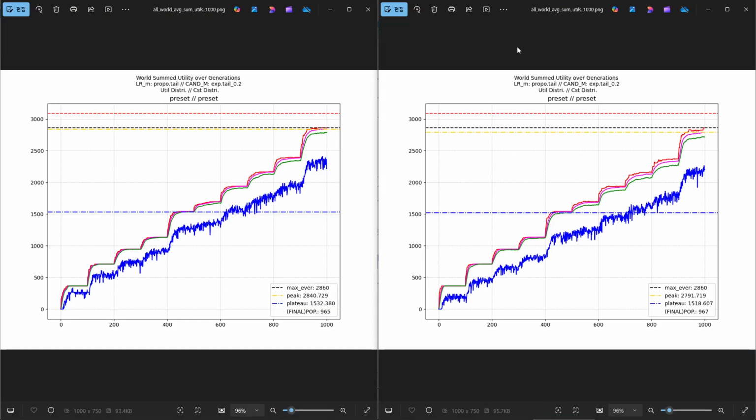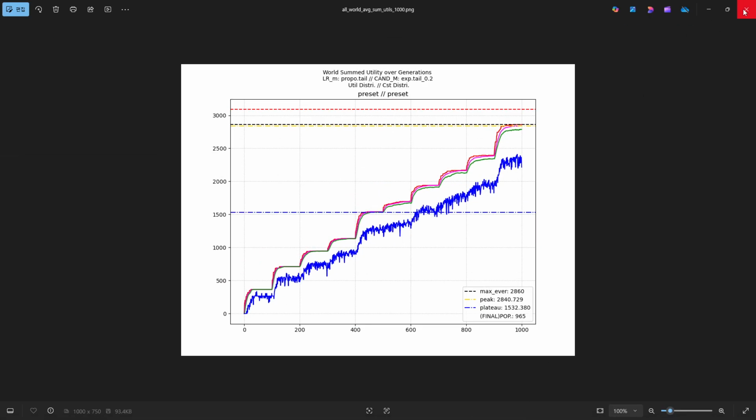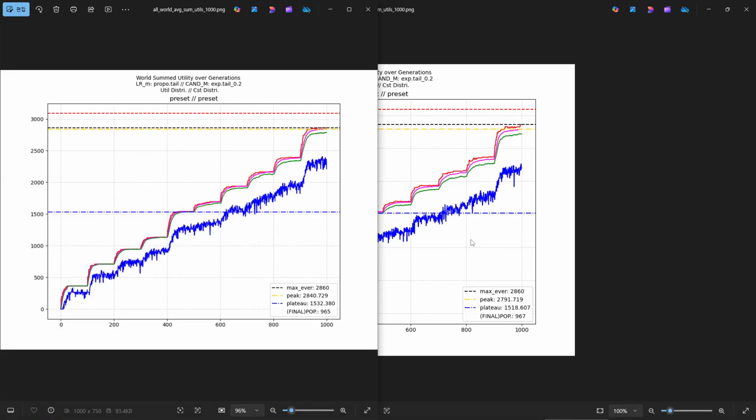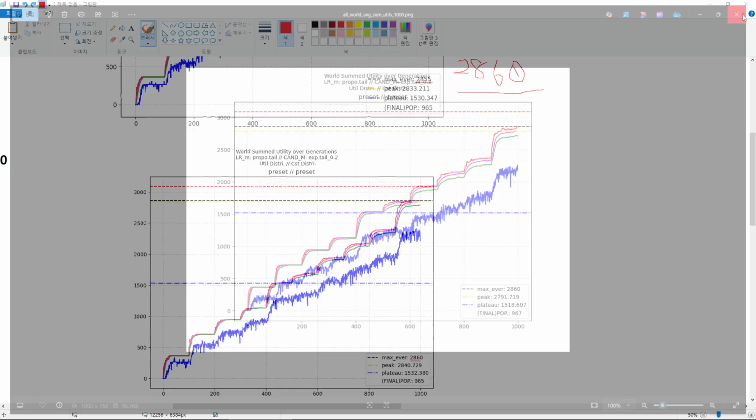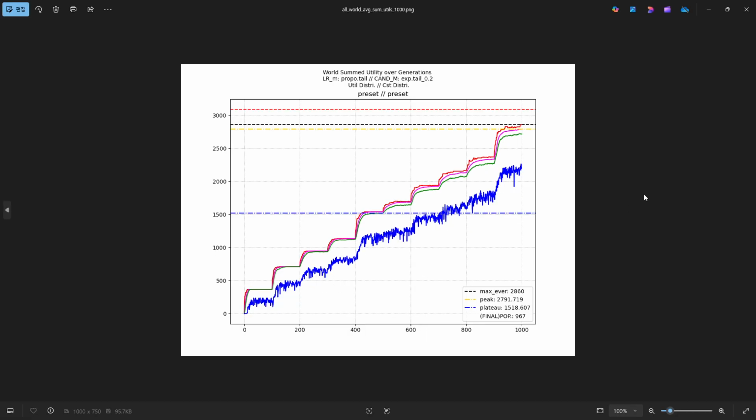Let me try this again. This is when I had incremental population, and then this is when I had 1000 entities per era.